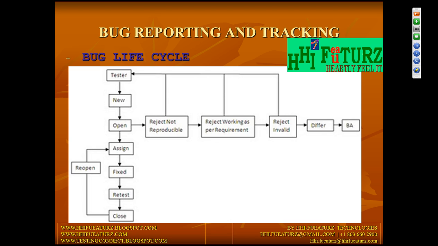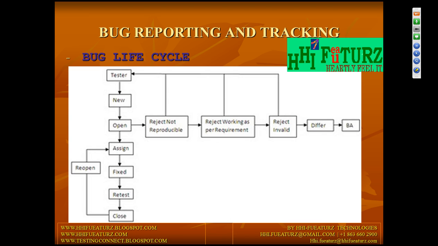Then, the defect you reported, they may not be sure about it. So developers review the defect again, whether it is a bug or not according to customer requirements. If it really is a bug, he will accept it as a bug and change the status to open.